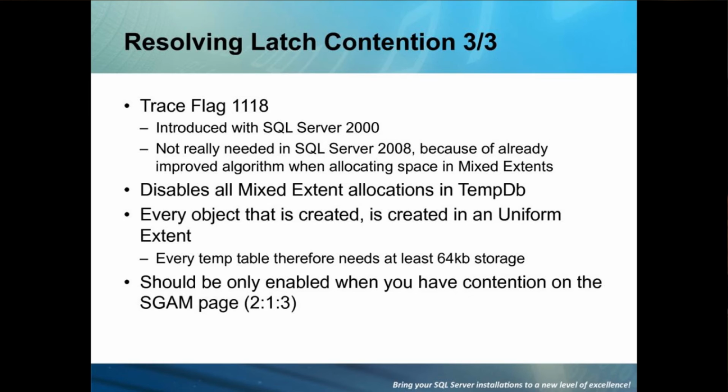When you are using mixed extents, the first 8 pages are allocated in mixed extents, which means that the table grows from 8K to 16K, 24K, 32K, up to 64K, and the 9th page is afterwards allocated in a uniform extent. So the side effect is just that smaller tables are initially 64K large.